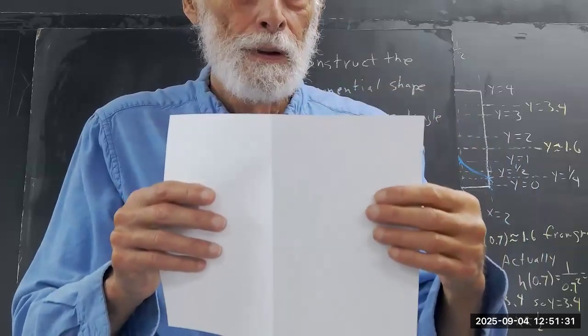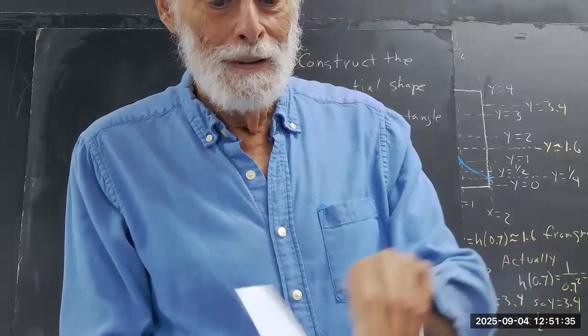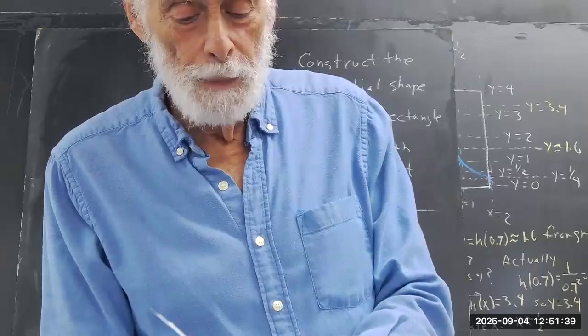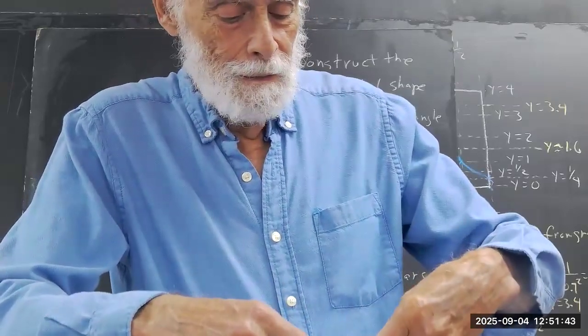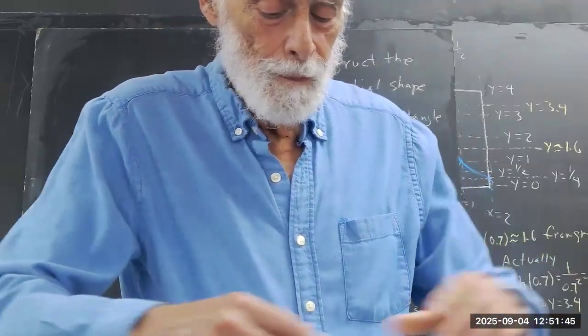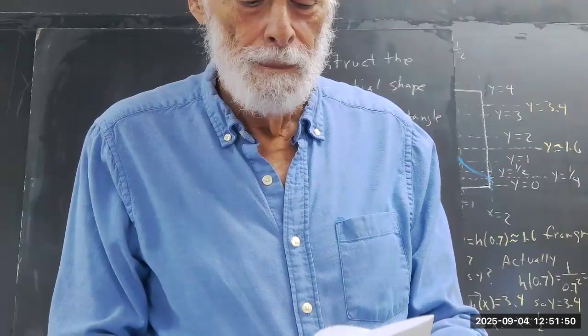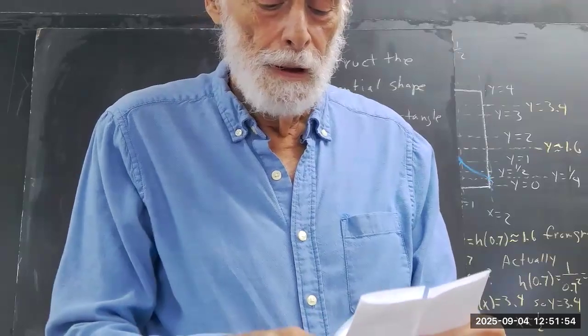Now, if I want to do a type 1 graph for vertical lines, I take the left edge, well, that's the right edge from your point of view, and fold it over to the middle and make a crease. And then I take the right edge and fold it over to the middle, the left edge as you see it, and make a crease.